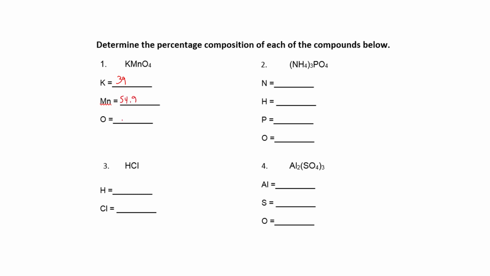There's 4 oxygen, and oxygen has a mass of 16 grams, so 16 times 4 is 64. So in total, if we add this up, 64 plus 54.9 plus 39, 157.9.